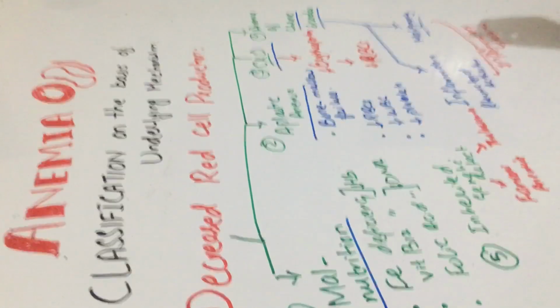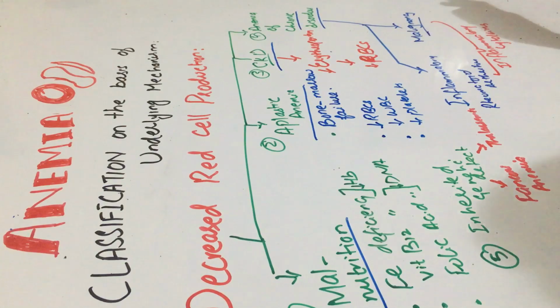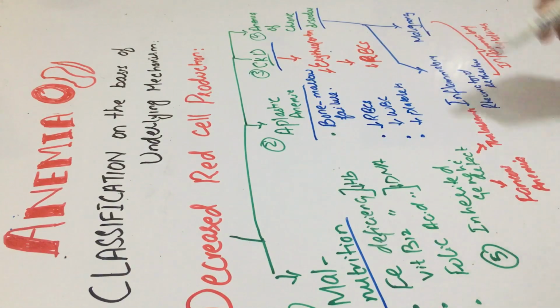In these chronic conditions, various inflammatory cytokines are produced, which affect the hormone that stimulates RBC production, erythropoietin. So either they decrease the production of that hormone, or they don't allow erythropoietin to act on the bone marrow. And the fifth is the inherited genetic defect.